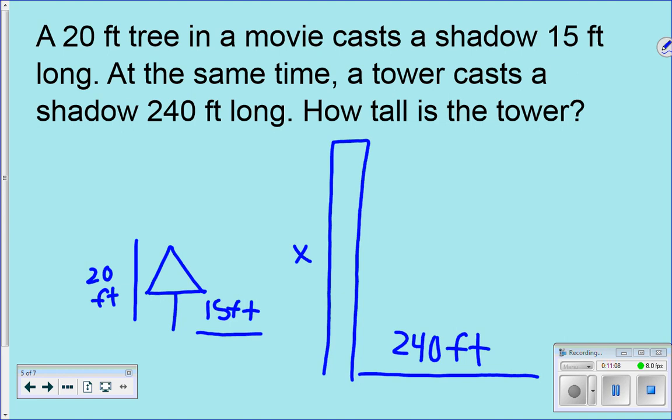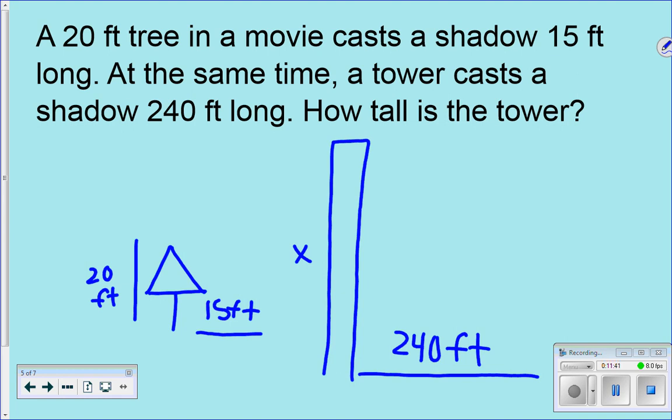Let's see it. So you did 20. Should have got a higher number. 240. Nope, nope, nope.